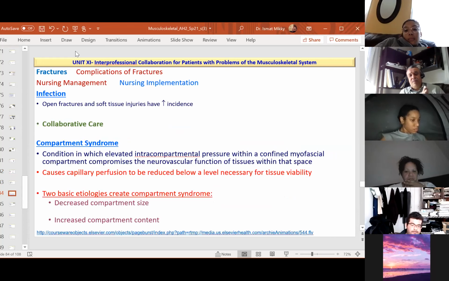So the nursing management includes the prevention of infections post fractures.